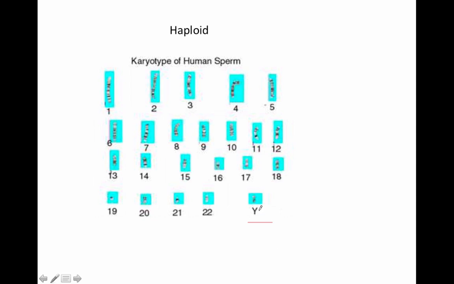In this case, it's a Y. So if these are human sperm, they're only going to have either an X or a Y. If they were human eggs, then they would only have X chromosomes as their sex chromosome. So again, a diploid cell has 2 copies of every chromosome, and a haploid cell has only 1 copy of each chromosome.